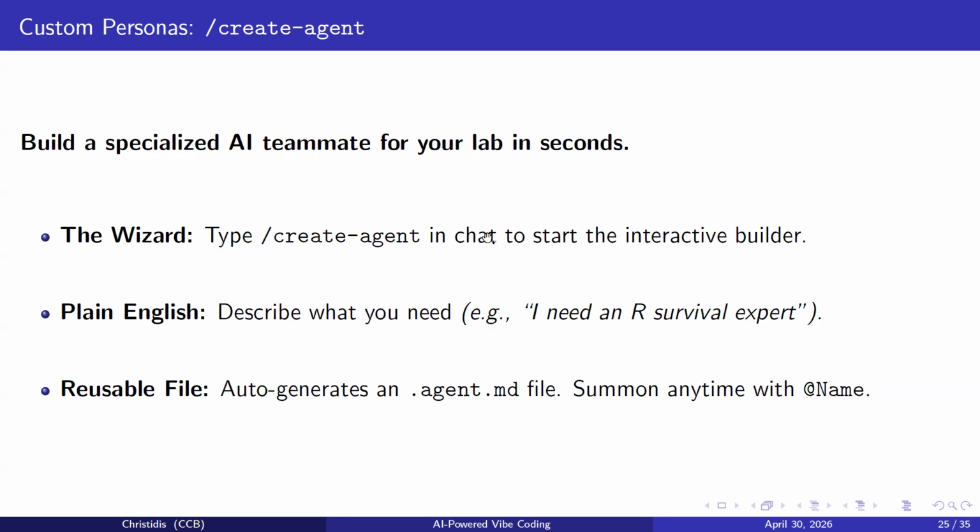But if you type create agent in the chat, you can basically create an agent that specializes in, for example, here, I need an R survival expert, and then you can say the R survival expert should only use certain packages, only use certain types of models, and specify all sorts of statistical specifications you want for your modeling approach. And then this will create an agent file. And now you can refer to this agent file whenever you want to call it when you're doing, for example, survival analysis in your project.